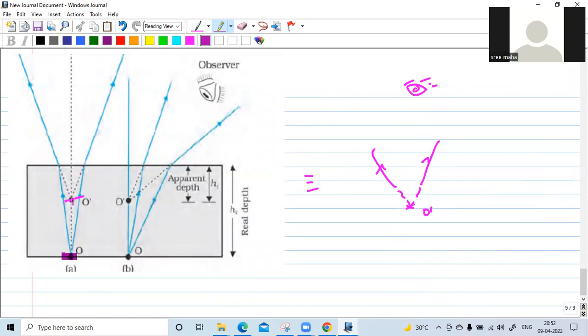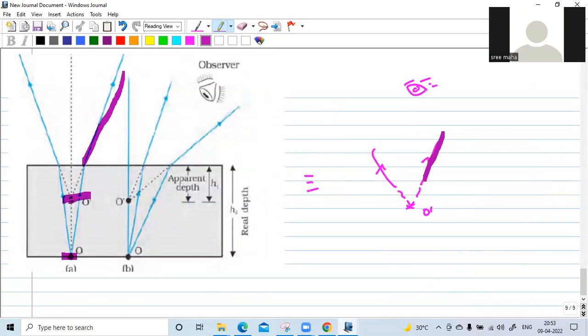So if you project it backwards, it's as if the light is coming from there. In the second case, you assume that there is no water, it's fully air, but the object I'm placing is at O prime. So the light rays will go like this and come out like this. So this part of the light ray here and here, both are the same. Yes, sir. So the eye cannot make a difference between this and this. So it will assume as if the object is here.